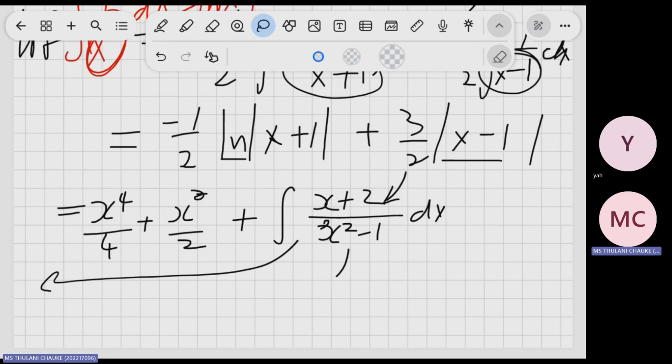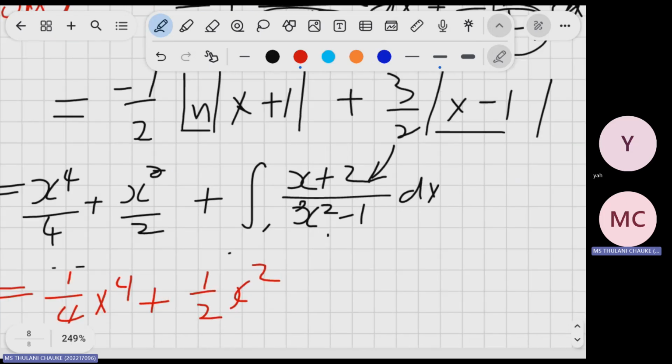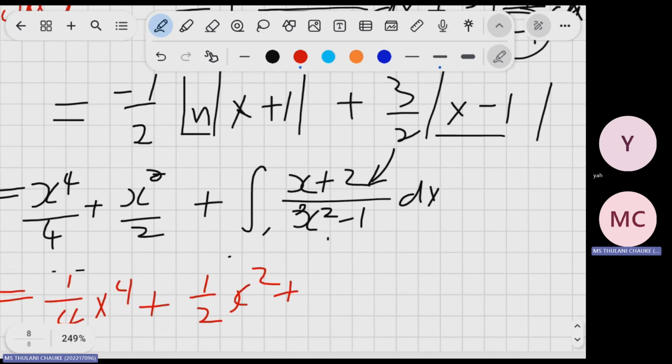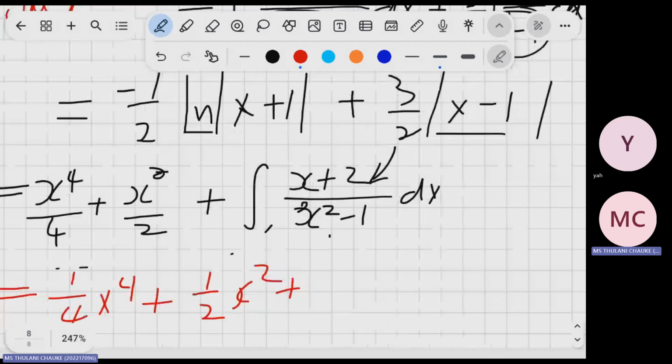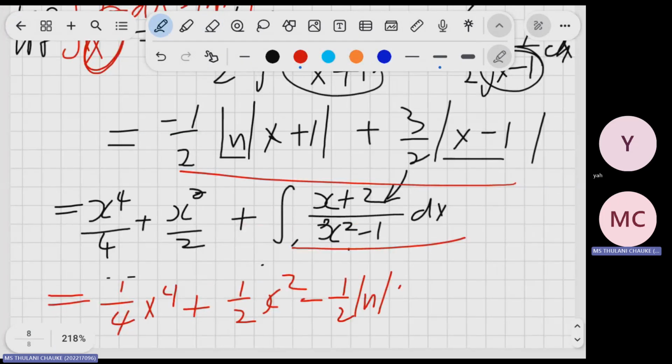So we know that our answer will just be what? 1 over 4 x⁴ plus 1 over 2 x². So this is there on the guide as well. You can just go and confirm. And then now I replace this part with this answer. It will be negative 1 over 2 ln(x+1) plus 3 over 2 ln(x−1).